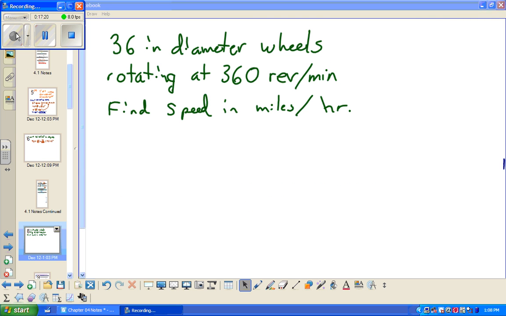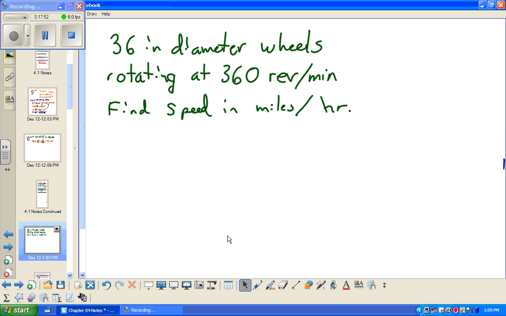So here's an example of using angular and linear motion. Let's say Big Mac has 36-inch diameter wheels, and they are rotating at 360 revolutions per minute. We need to find the speed of Big Mac's truck in miles per hour. Well, to do this, we're going to use a series of conversion factors to get to miles per hour from 360 revolutions per minute.